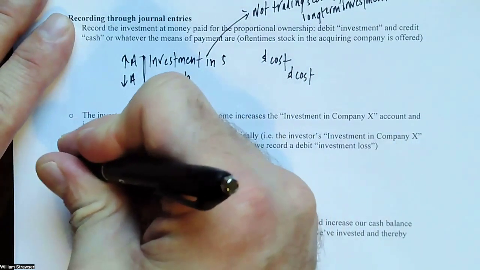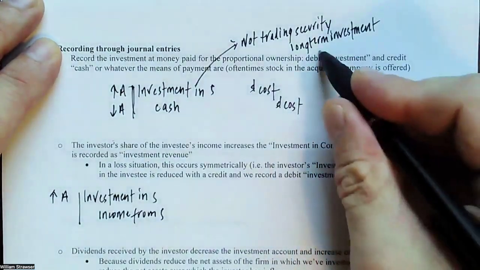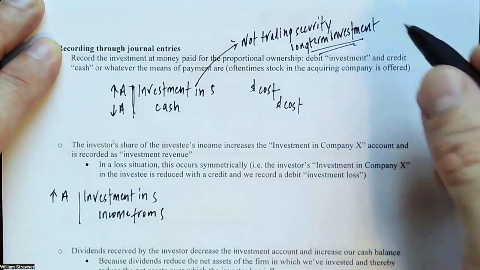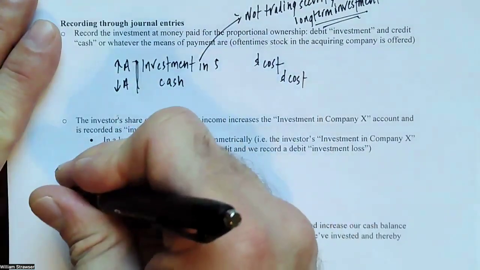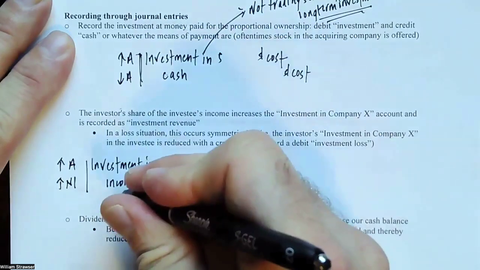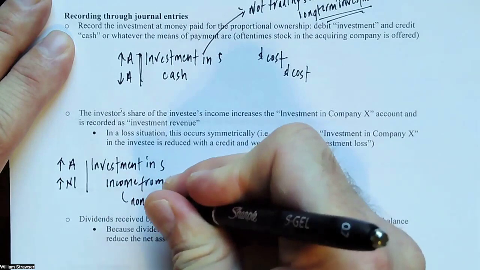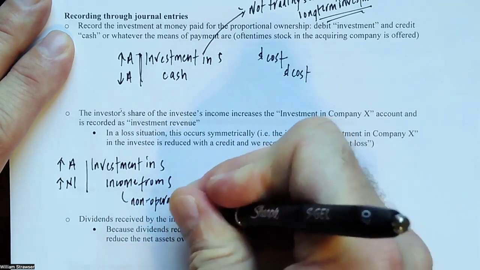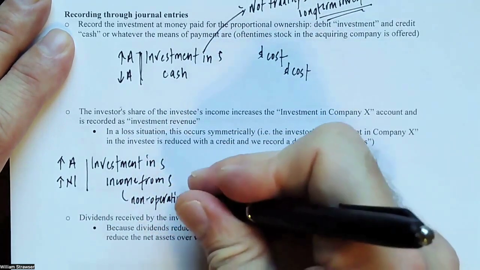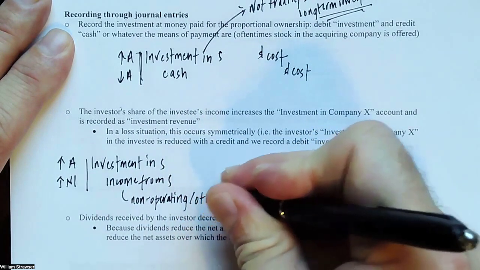This is an increase to our investment asset account that is held as a long-term investment, and it increases my net income. This is non-operating or other income because it represents income that's arising from our investee.